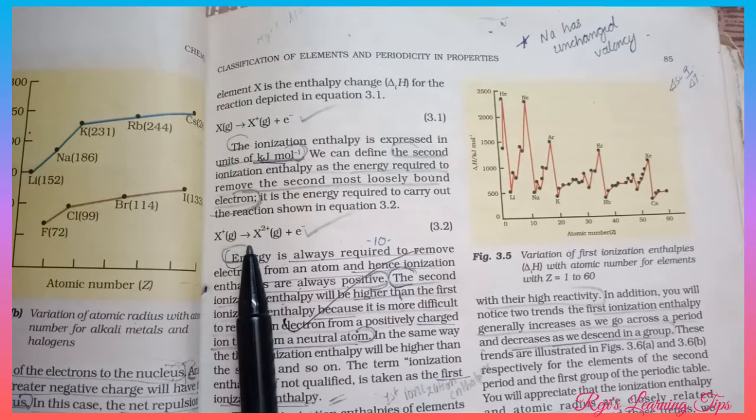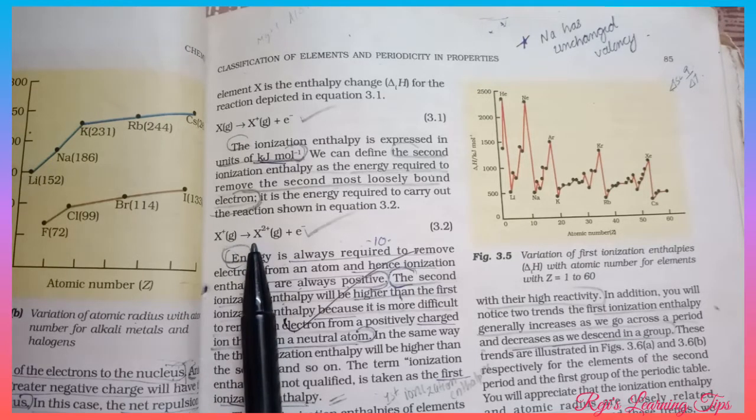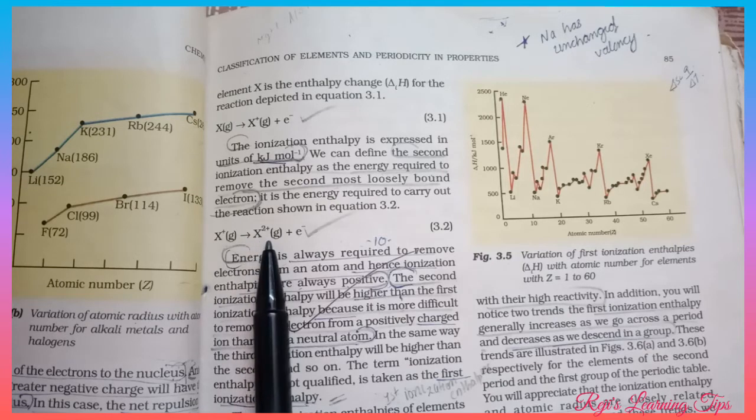In this reaction we need the second ionization enthalpy: the energy required to remove the second most loosely bound electron. Ionization enthalpy is always positive because energy is always required to remove an electron from an atom.